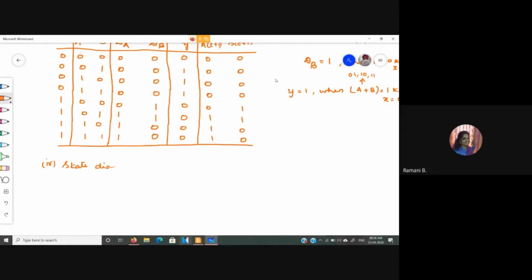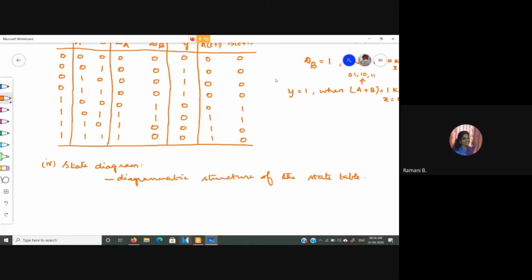So the state diagram is the diagrammatic structure of the state table.